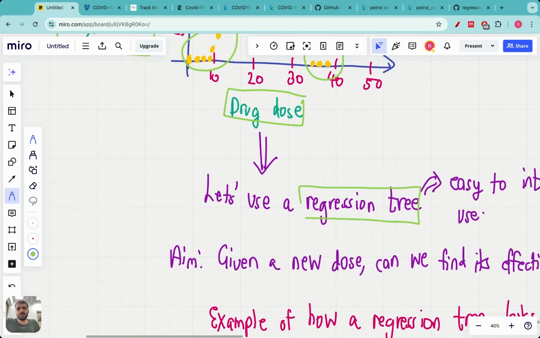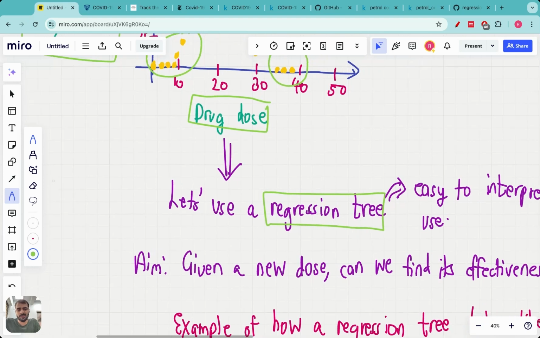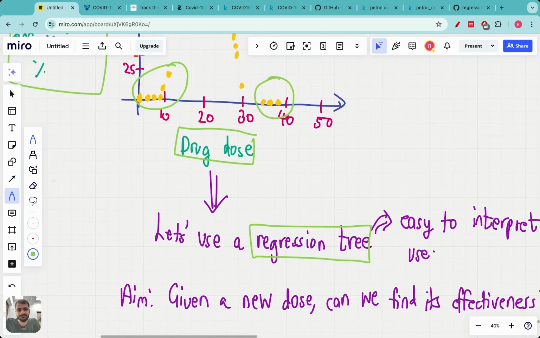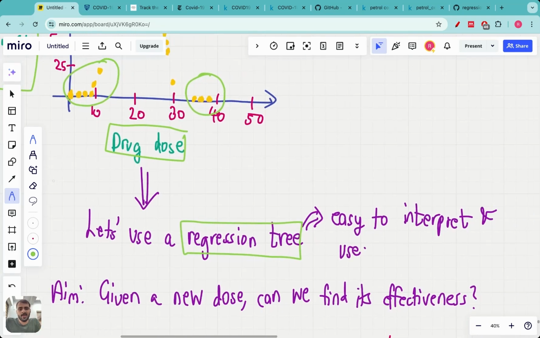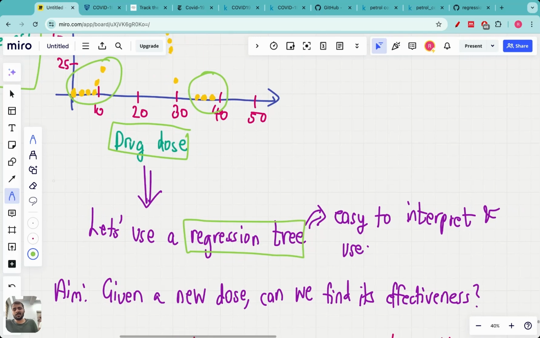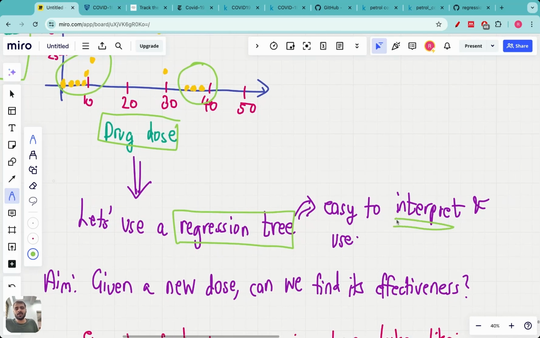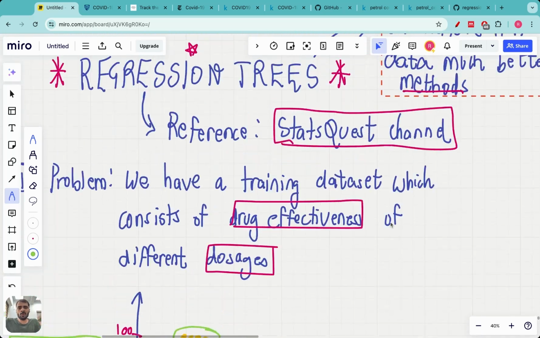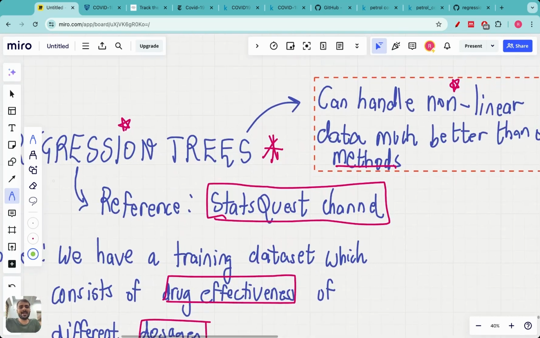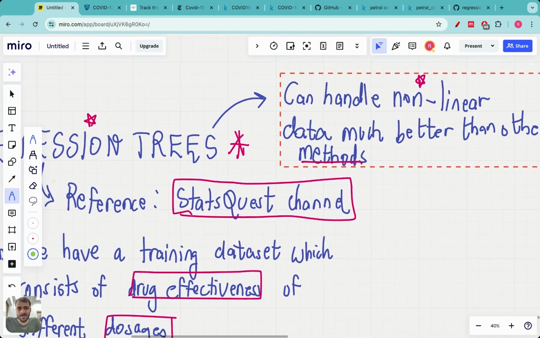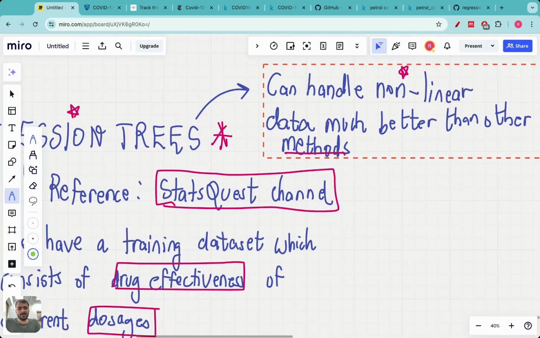It turns out regression trees are much better than traditional least squares to solve problems like these. The other advantage of regression trees is that they are also very easy to interpret and use. So the first advantage which I told you about regression trees is that they can handle non-linear data in a much better manner, right? Compared to other regression methods.